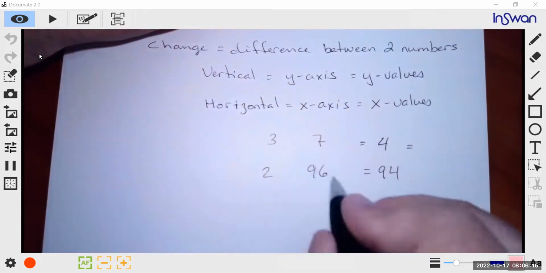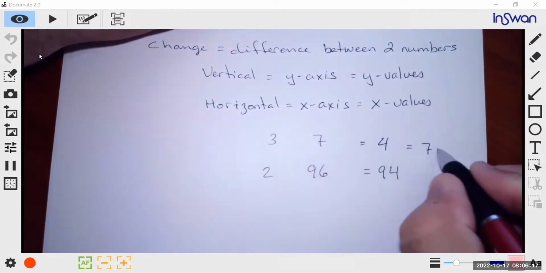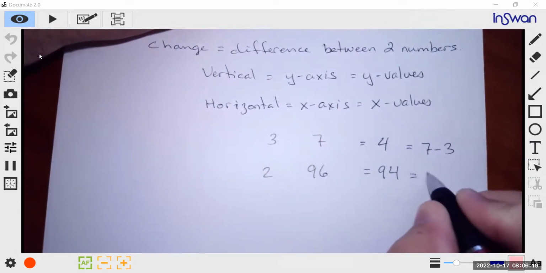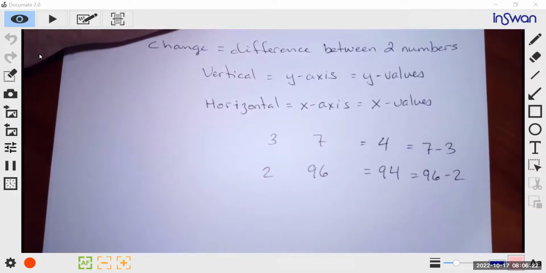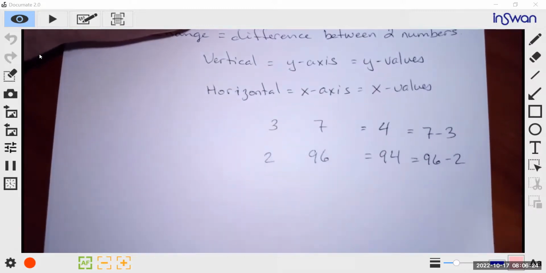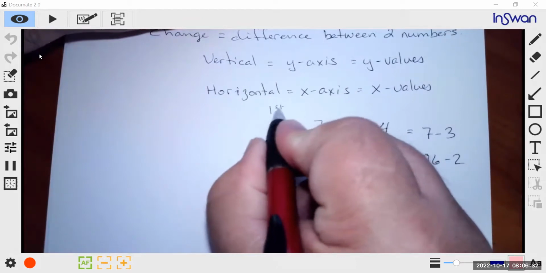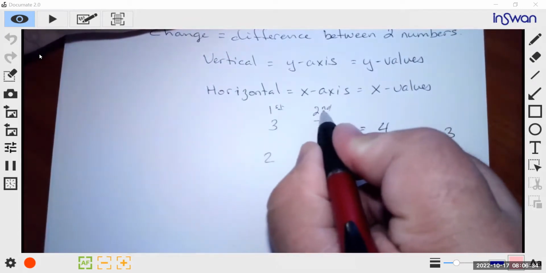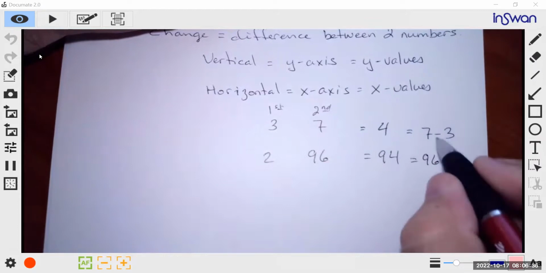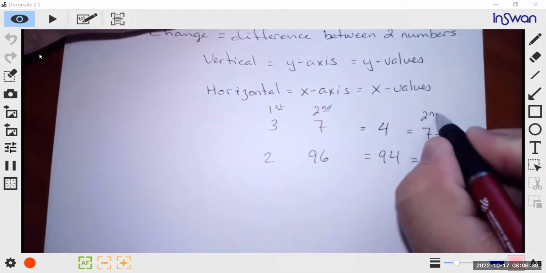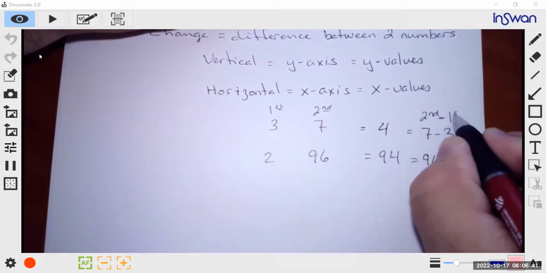Yeah, so what we got for 4 is 7 minus 3, and 96 minus 2. So it's the first and the second number here. The difference is always the second number minus the first number.